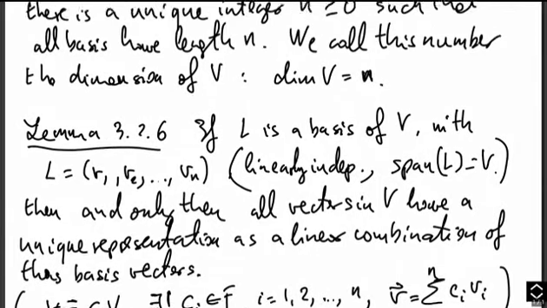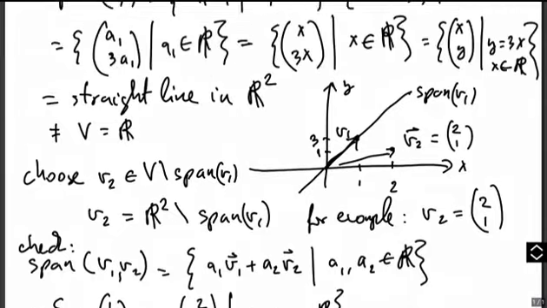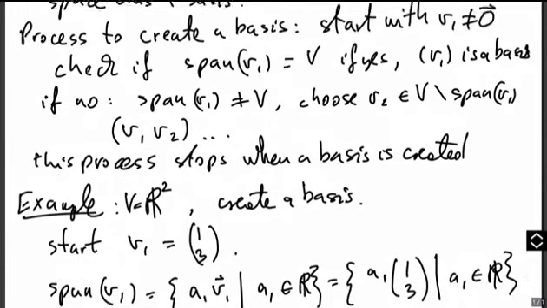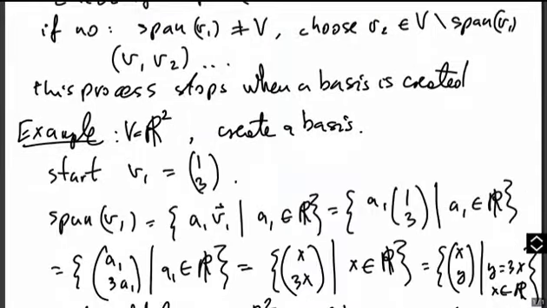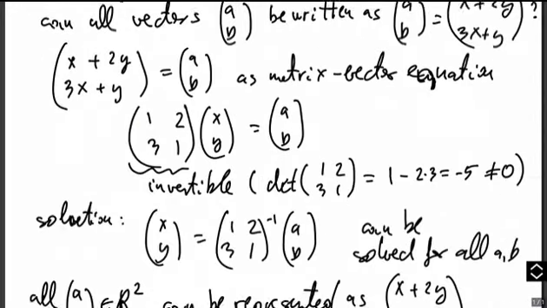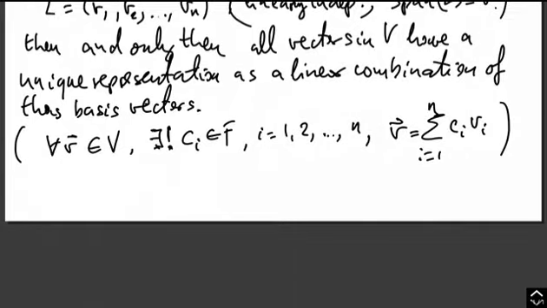Based on this previous lemma, that was actually a consequence of a theorem. We had this process of creating a basis where we started with a non-zero vector and added more and more vectors to it. The next theorem shows that we can do this in an opposite way by cutting down a spanning list until it's linearly independent.